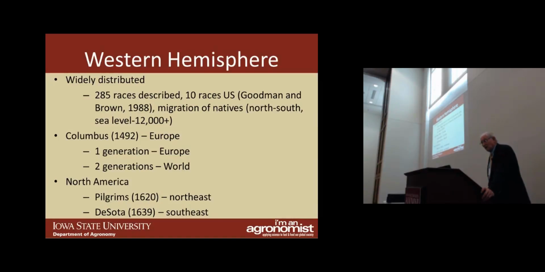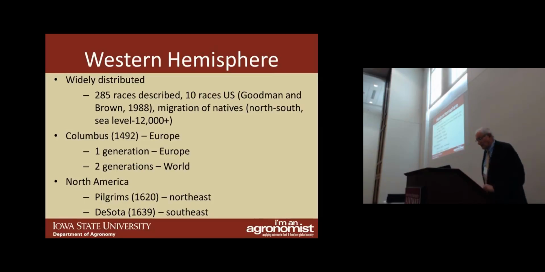In North America, when the Pilgrims arrived in the Northeast, corn was also present then. And in the southern part of what we now know as the North American continent, we've heard of Ponce de Leon, but there was an old guy by the name of De Soto. He trudged all the way from northern Florida, across Georgia, Alabama, Mississippi, and in all instances, he found that the natives were growing corn at that time.